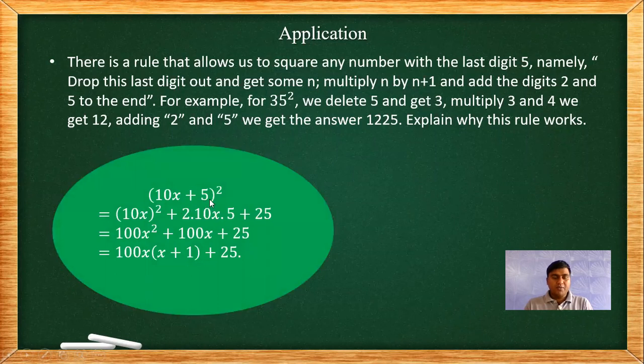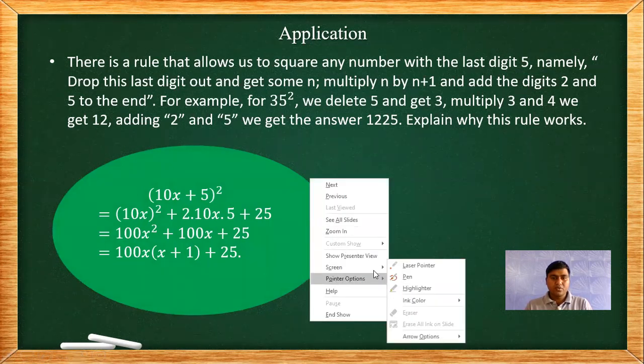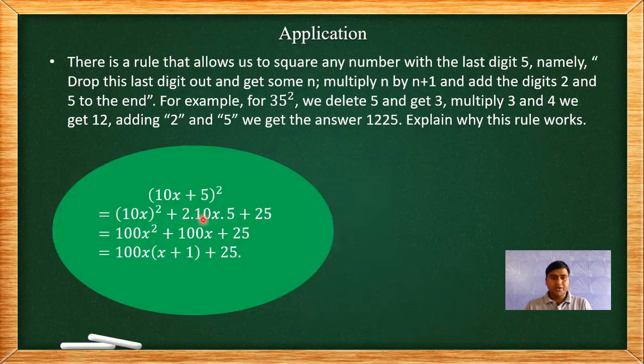So the unit digit is 5 and the 10's digit is x. So the number is 10x plus 5 whole square. Now by a plus b whole square, 10x whole square plus 2 into 10x into 5 plus 5 square. 10x whole square is 100x square. 2 into 10 into 5 is 100, so 100x, plus 5 square is 25.